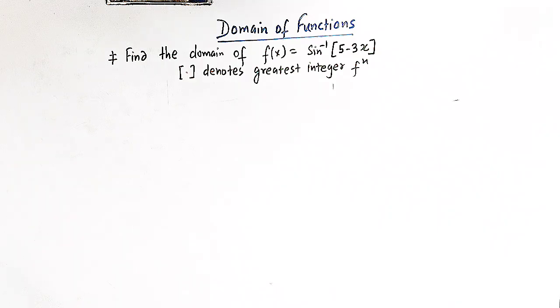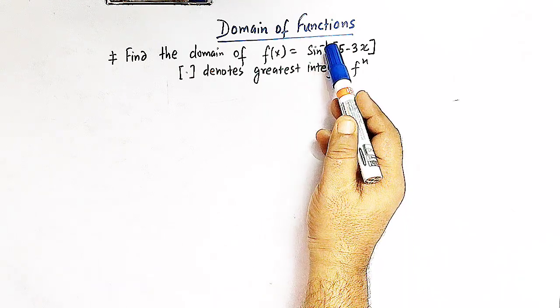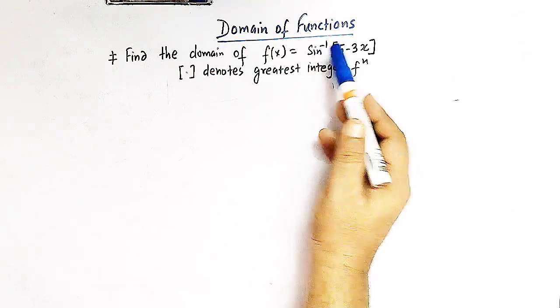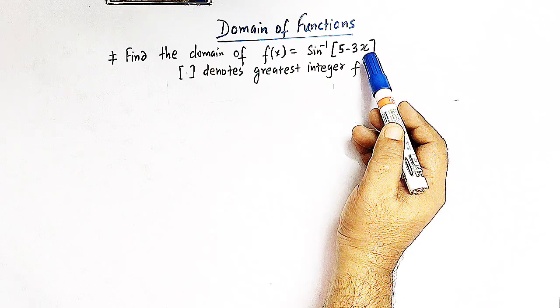Right, so here we see that we have a function which involves two important functions in mathematics, that is the inverse trigonometric function, sine inverse, and the greatest integer function, right?